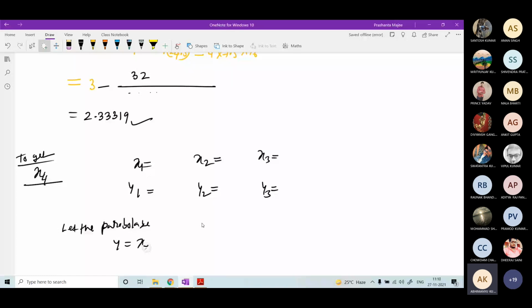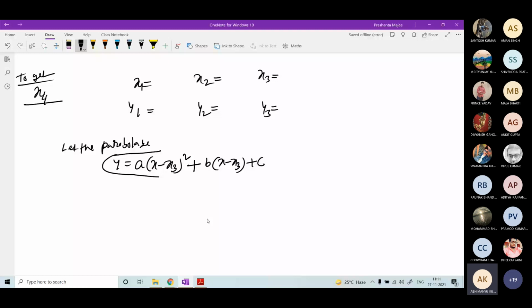So I'll just tell you the method and I'll leave it to you. a into x minus x3 whole square plus b into x minus x3 plus c. Then you will try to find out the values of a, b, and c. So you will repeat the same procedure and find the values of a, b, and c. Once you find them, you will use the formula.